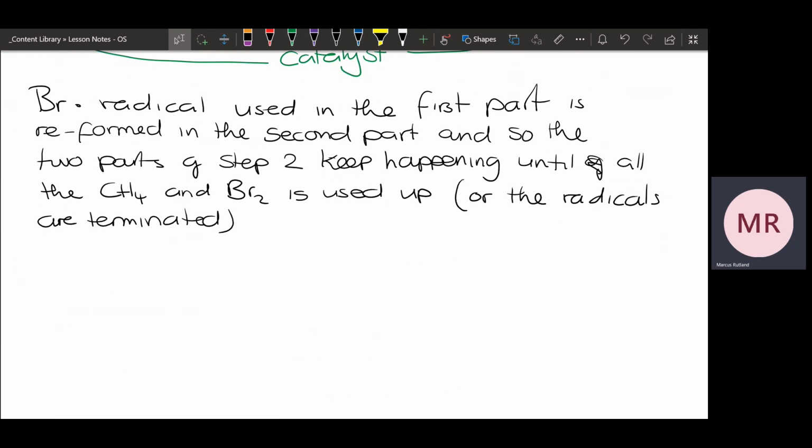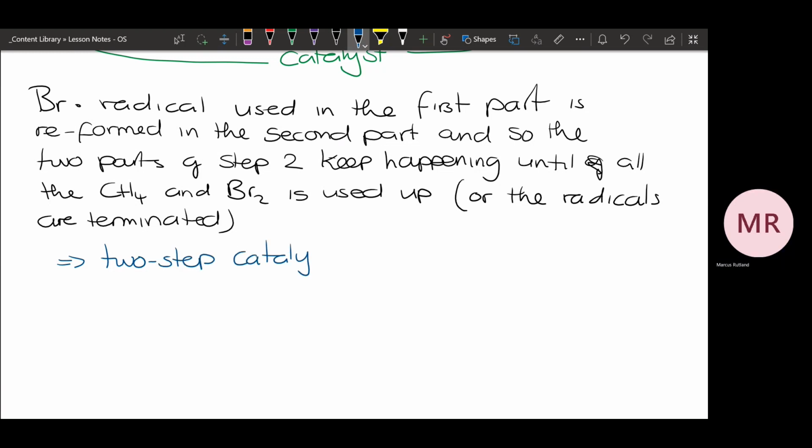So just a little bit of vocab here. This is called a 2-step catalytic cycle. And hopefully you can see why that is.